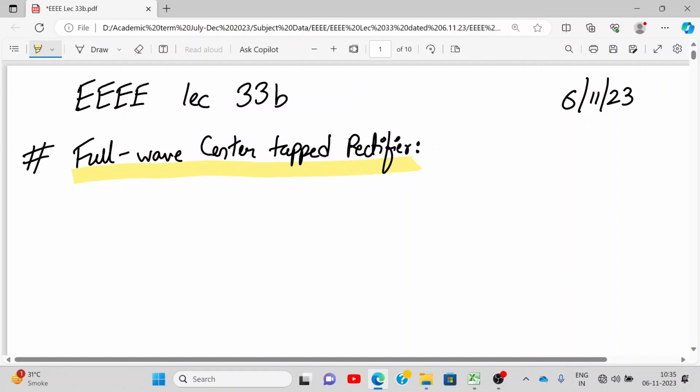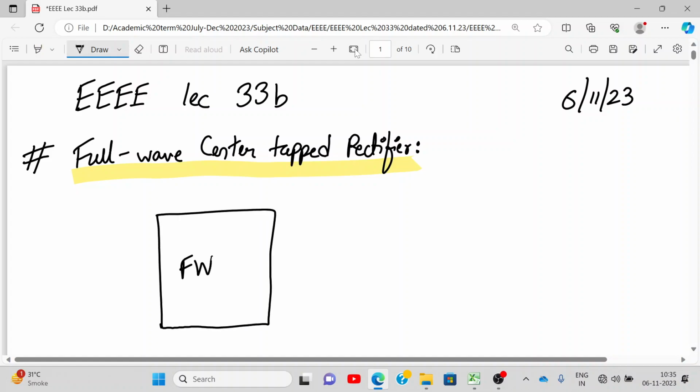So in a full wave center tap rectifier, I'll show you conceptually what is happening. Let's say this is my black box, which is your full wave center tap rectifier. Here we have input as AC, of course, the output of the secondary, this positive, this negative. So the output of the full wave rectifier will be like this. Are you understanding?